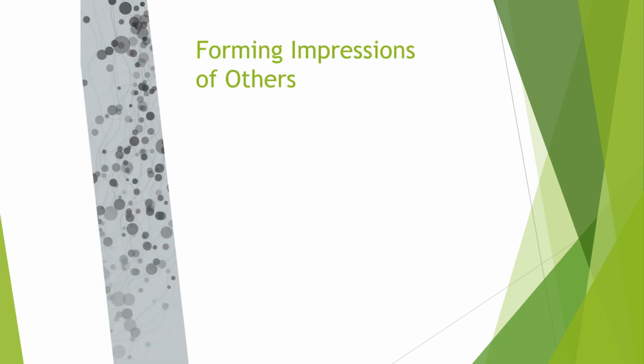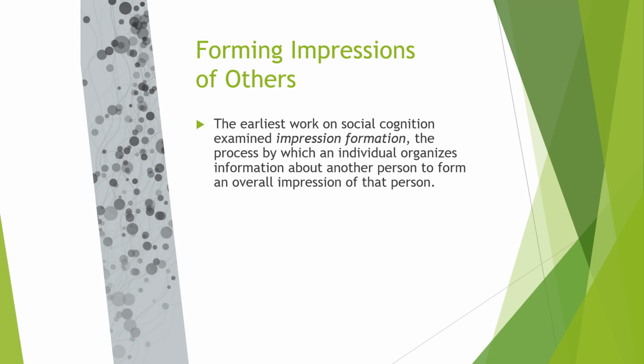Now, some of the earlier work on social cognition, the earliest work, examined impression formation, which is the process by which an individual organizes information about another person to form an overall impression of that person.